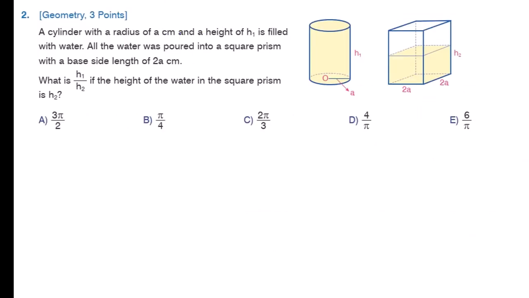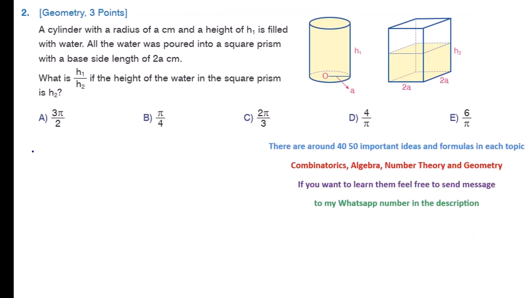Okay, idea one is the formula of volume of a cylinder. Here it's pi times r squared, with radius a. The volume of the cylinder is pi a squared, the area, times h1.